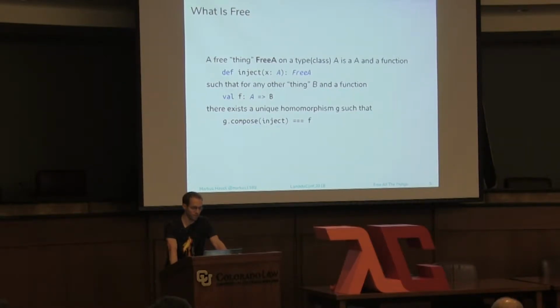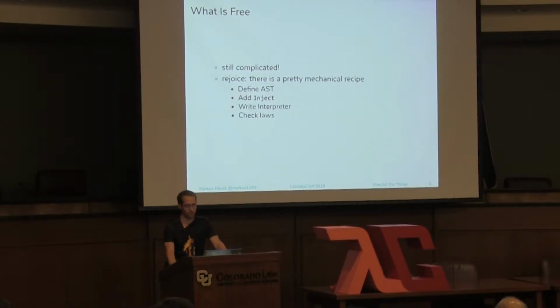It has to satisfy that for any other thing, let's call it B, and a function, let's call it f, that goes from A to B, there has to be a unique homomorphism, this strange word again, we call it g, such that g composed with inject is f. What this in essence means is that there's no added structure when you have your free and afterwards you interpret it. Okay, this still sounds pretty complicated. I promise you that it's easier than you thought.